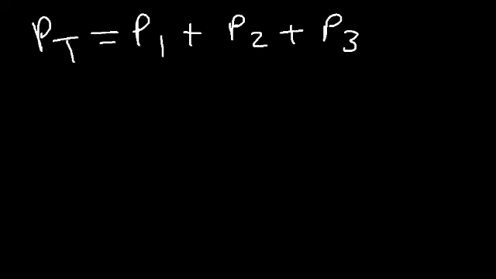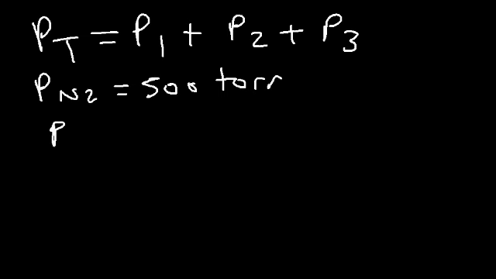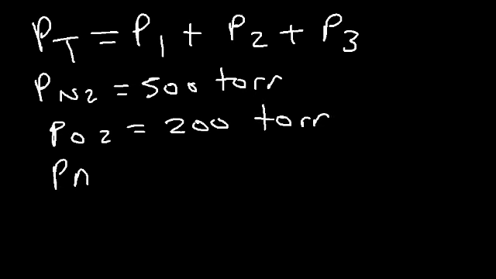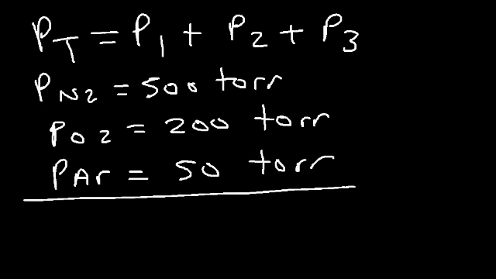So let's say the partial pressure of N2 is 500 torr and the partial pressure of O2 is, actually, let's make that 200 torr. And let's say the partial pressure of argon is 50 torr. So according to Dalton's law of partial pressures, the total pressure is the sum of the partial pressures, so that's 750 torr.